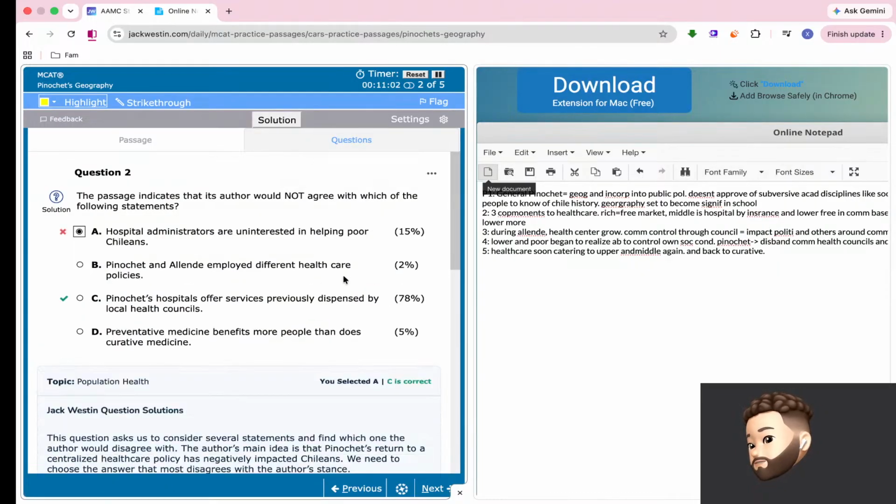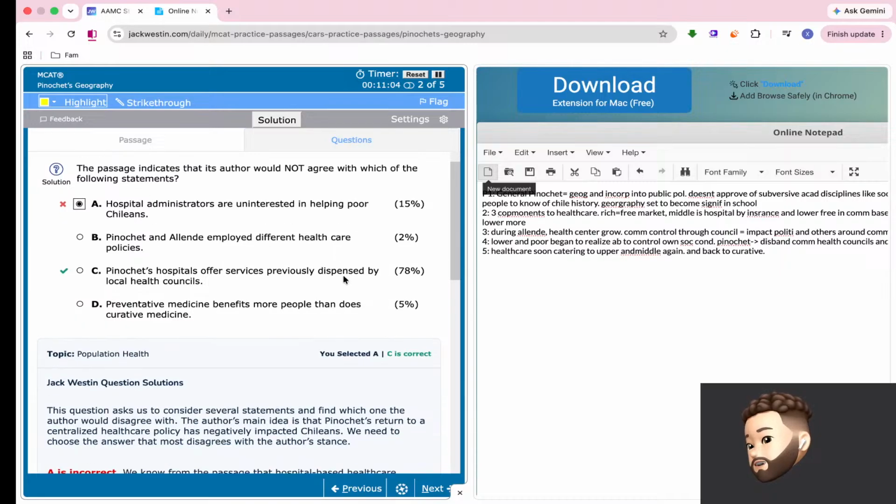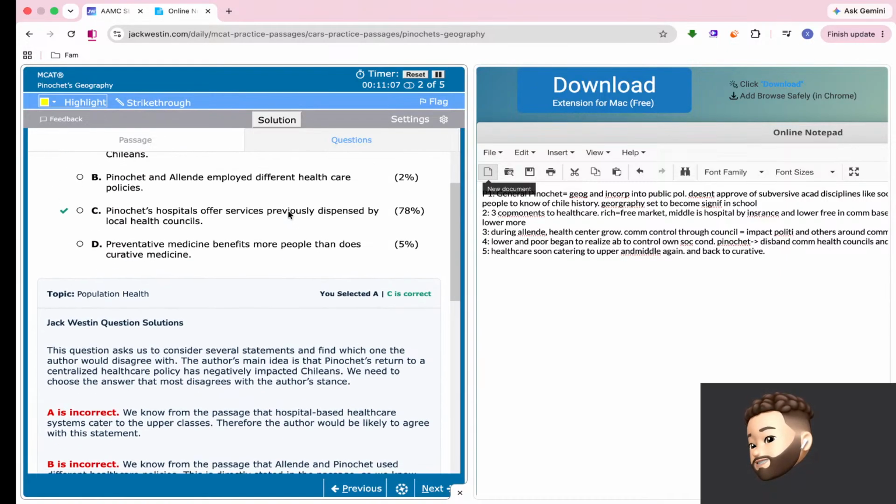God damn it. How does the passage integrate that they don't want to help?